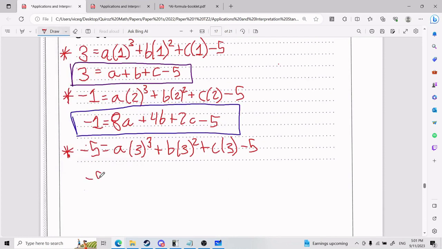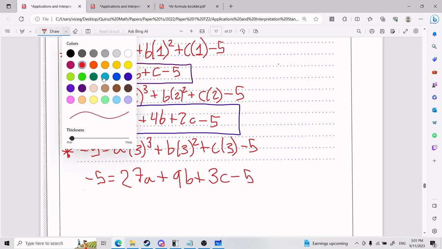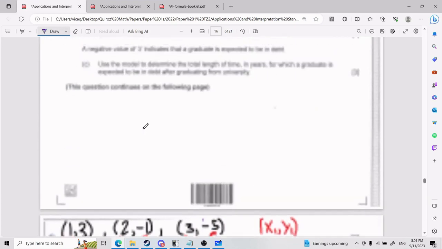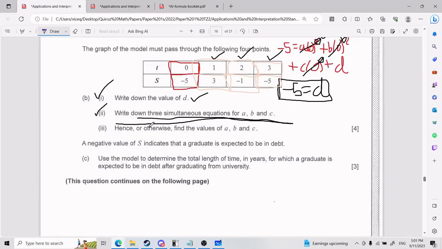I end up with -5 equals 3 times 3 times 3, which is going to give me 27. So 27a plus 9b, 3 squared, plus 3c minus 5. This is going to be my third one. What I just did is probably enough for part B, part double I: write down the 3 simultaneous equations for A, B, and C. And now, hence otherwise, we need to find the values of A, B, and C.